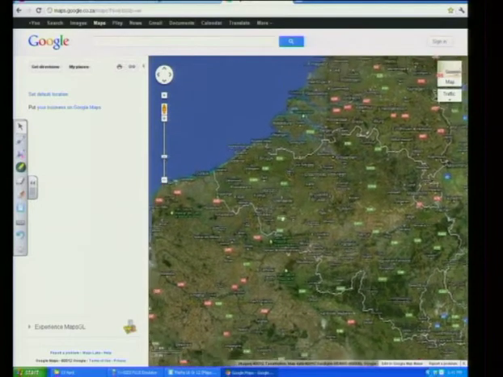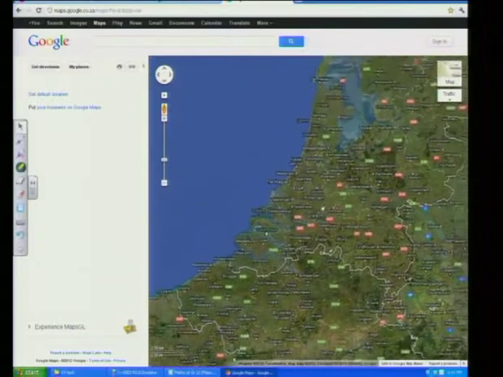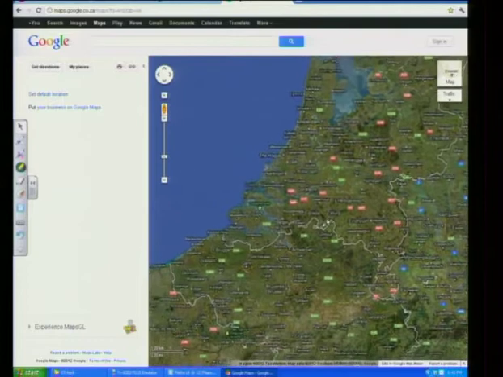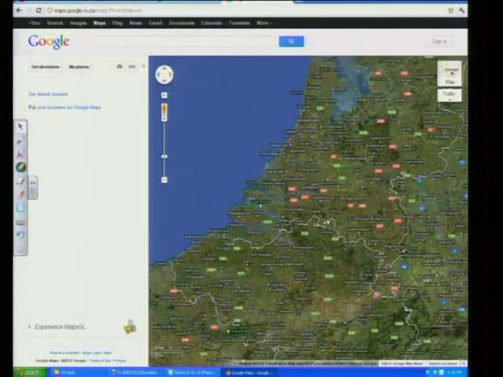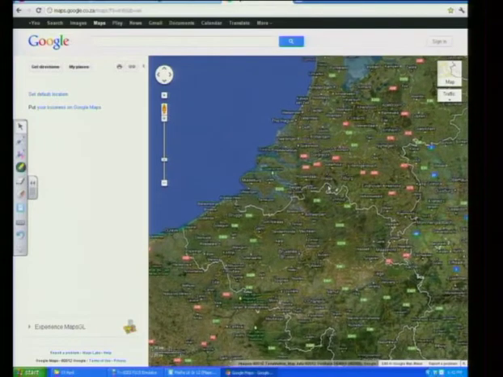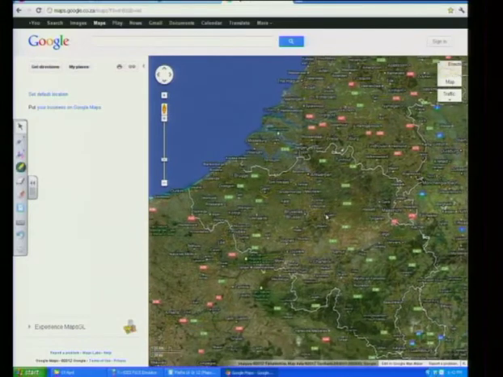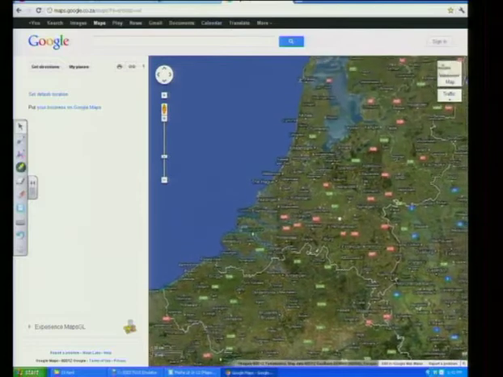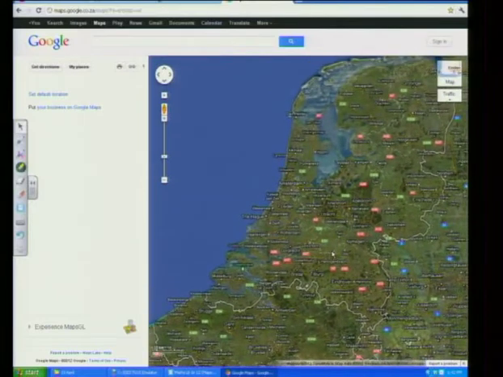I want to see if I can find Rotterdam. It's higher up. But unfortunately, it's not quite Rotterdam where Peter is. He's in this area. He's somewhere in this country, but he's not at Rotterdam.